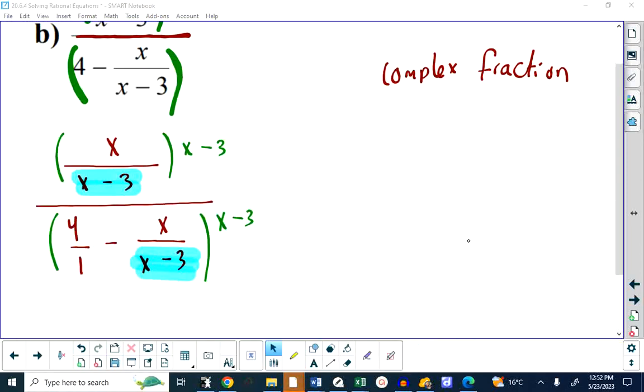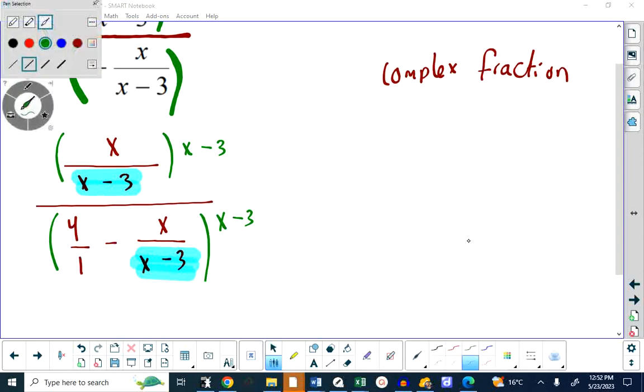I like to talk about algebra, not just the content. So yes, we're dealing with simplifying a rational expression, but let's talk about algebra. I think it's important that you understand that the numerator is a monomial. It's one term.